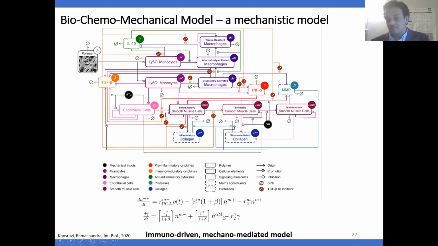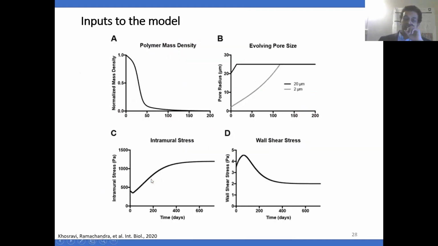I mean, that's modeled as minus rate times something. Okay, so obviously you have rate parameters that need to be determined. You have populations that need to be determined. And you have some inputs to the model that come from other multi-scale models, like the mass density of the polymer, the pore size evolution, the stress and the wall shear stress, for which we have measurements.